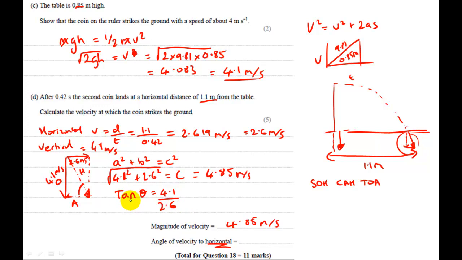Calculating that and then taking the inverse tan of the answer will give me the angle. On your calculator you press shift tan and then put in the answer, and you'll get 57.8619 degrees.